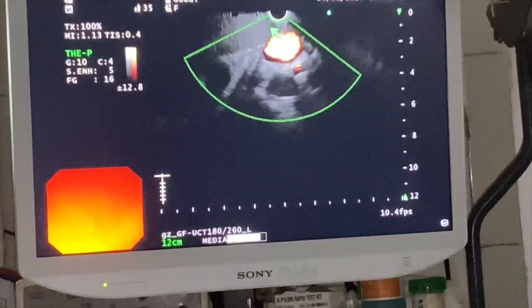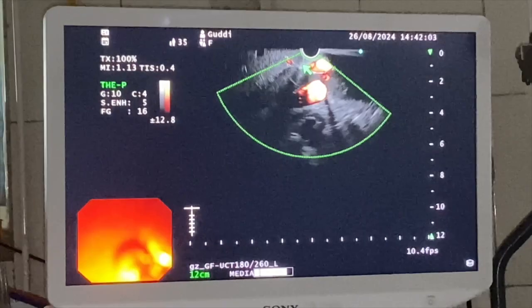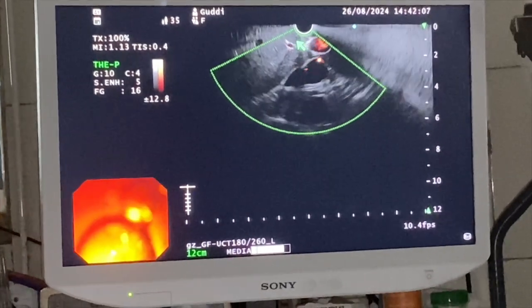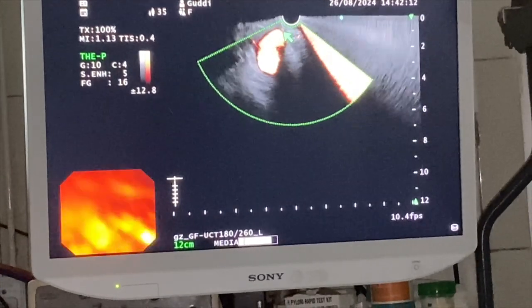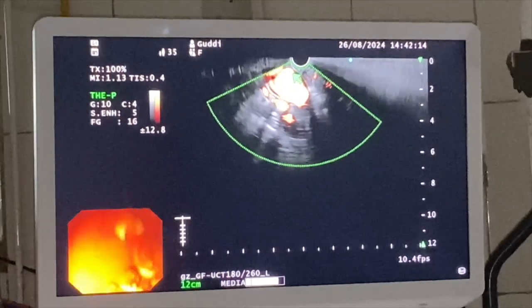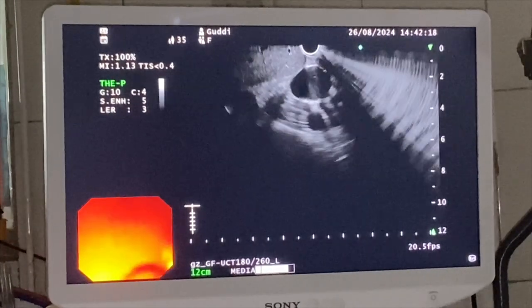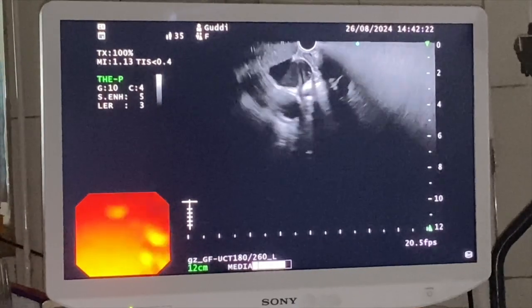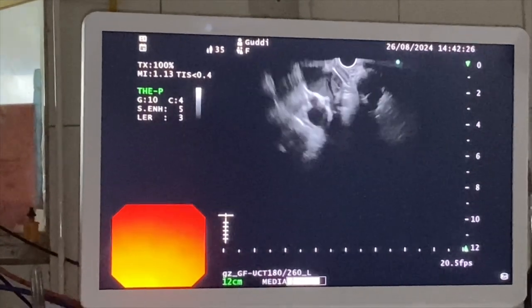We are going to trace it in the intrahepatic portion. The main portal vein divides into the right and left branch.